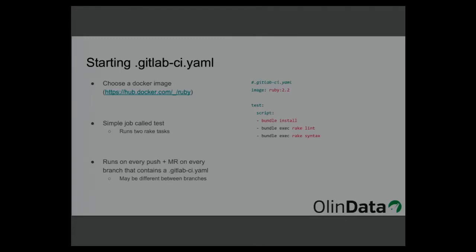I wouldn't necessarily recommend that, but you'll notice it when you make changes to a GitLab CI file. You'll probably have it sitting in a topic branch first, which gets a merge request, and until that is merged, you have two different GitLab CI files. So you have to be a bit aware of what it's actually running. It's not a big deal, but you could intentionally abuse that if you have some kind of specific situation, but I haven't really run into that.